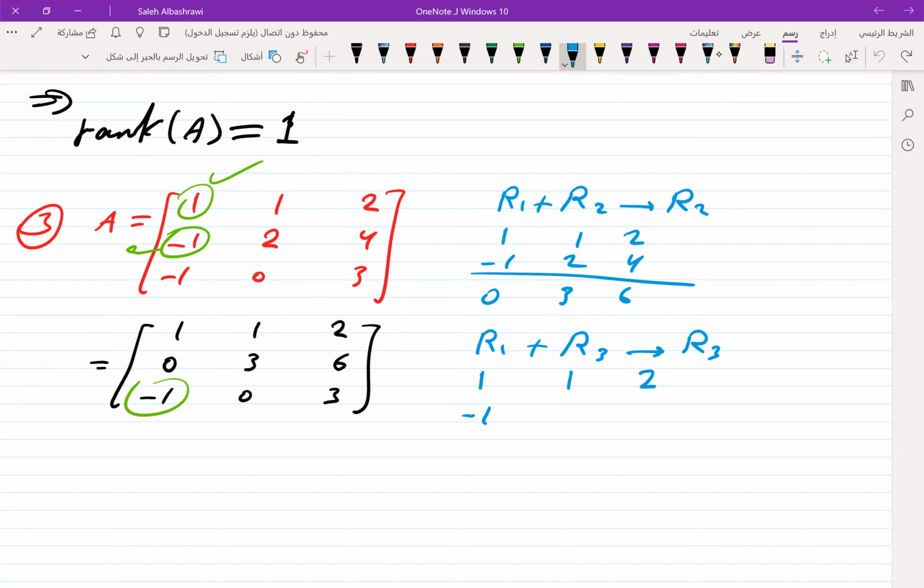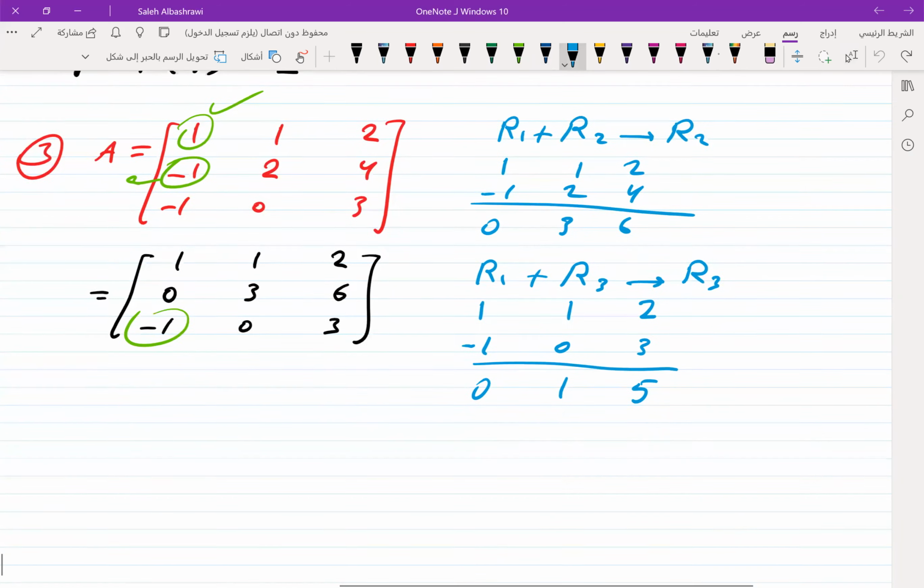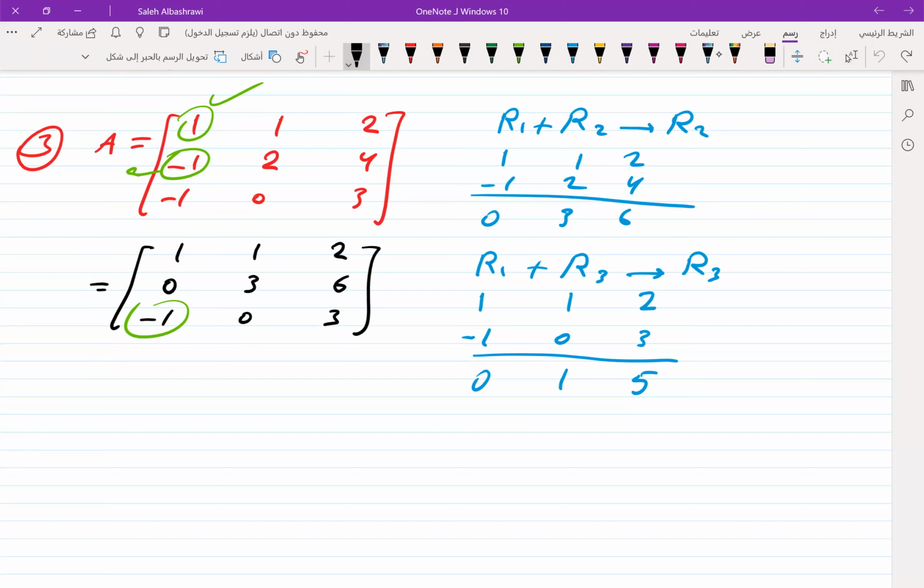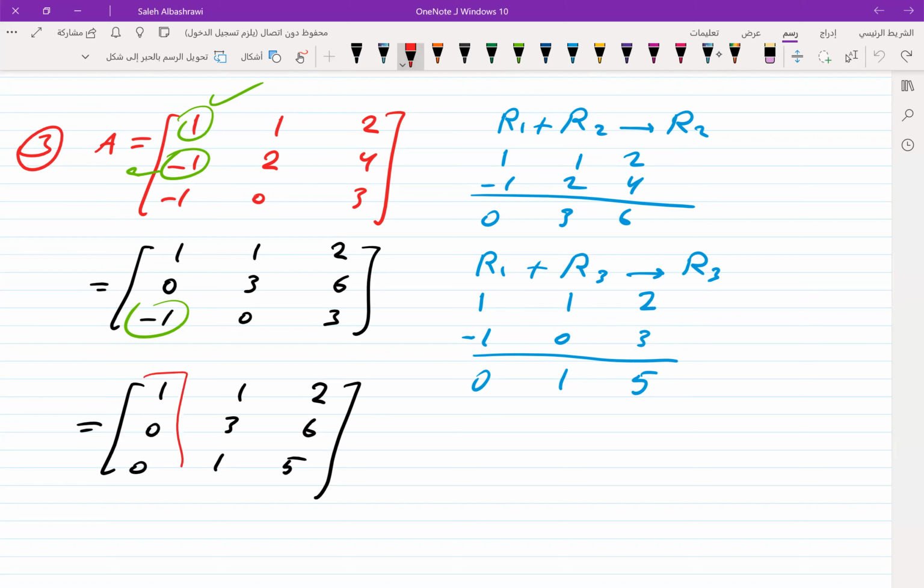R3 is minus 1, 0, and 3. And I will have 0, 1, and 5. That is 1, 1, 2. We have 0, 3, 6, 0, 1, and 5. So we are done with the first column.